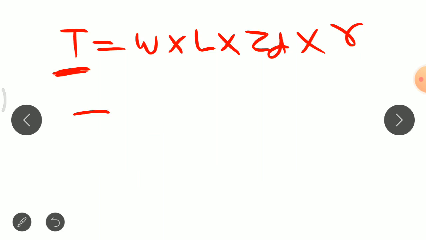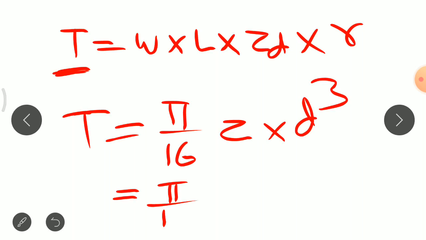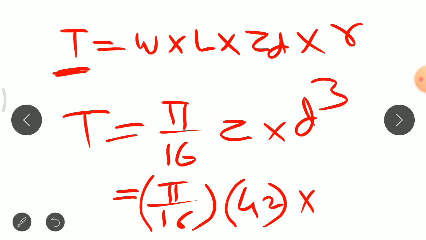Now I will write the formula for torque: T is equal to pi by 16 into tau s into d cube. This is the basic formula for determining the torque value. You can find this derivation in our previous lecture also. Now put the values in the calculator: pi by 16, use brackets properly, tau, that is shear stress, which is 42, into 50 cube.